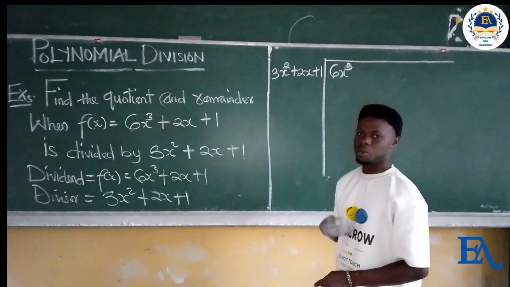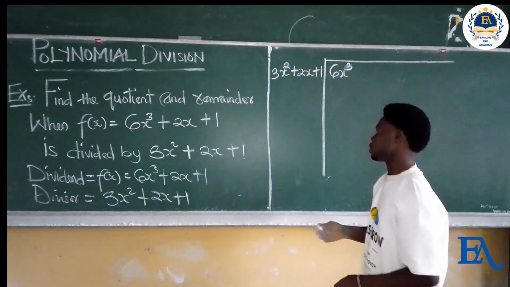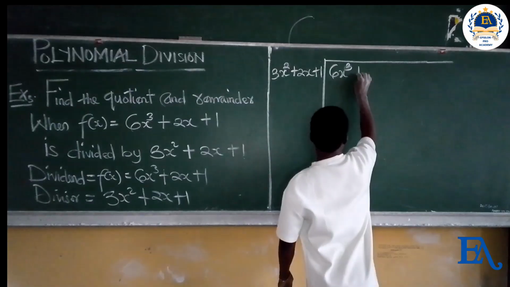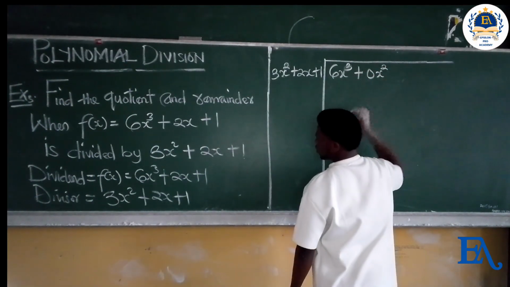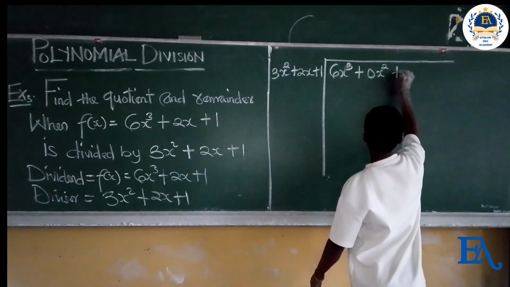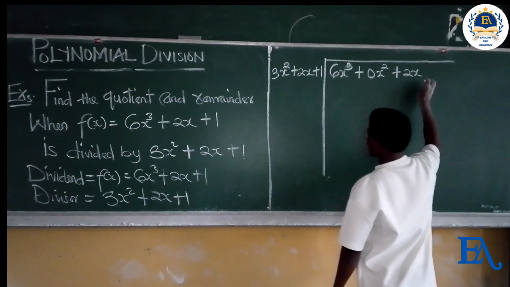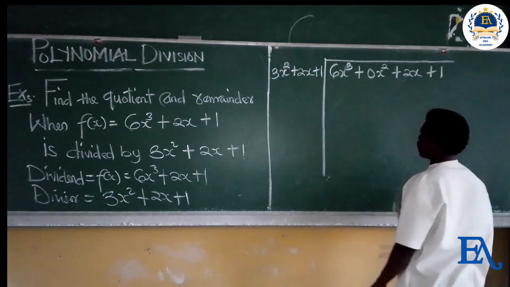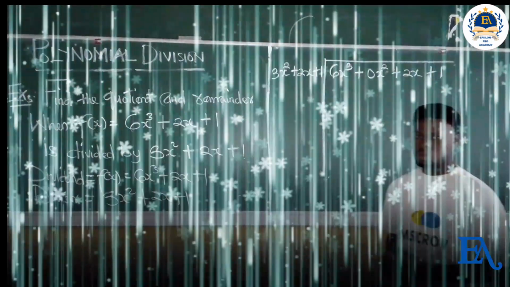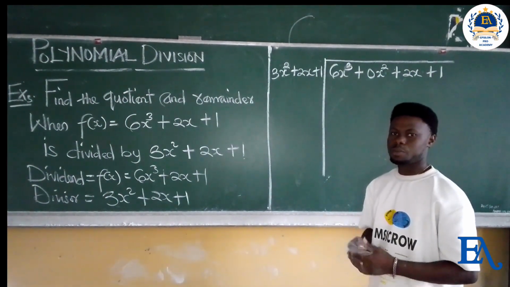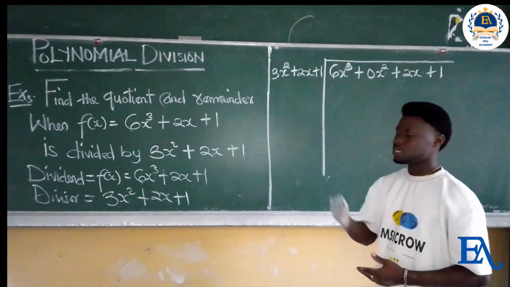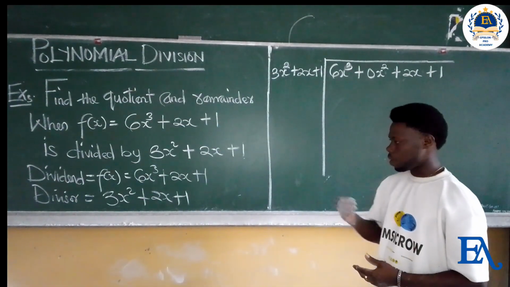So we are providing a coefficient to x raised to the power of 2, that is plus 0x raised to the power of 2, then plus 2x plus 1. Now at this juncture, we are going to apply the steps in solving polynomial division from step number 1 down to step number 4.